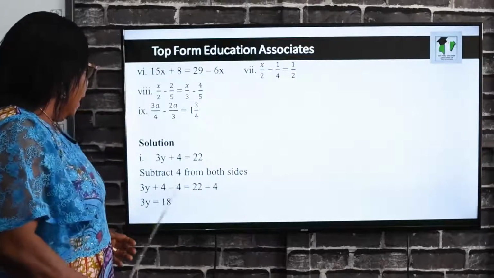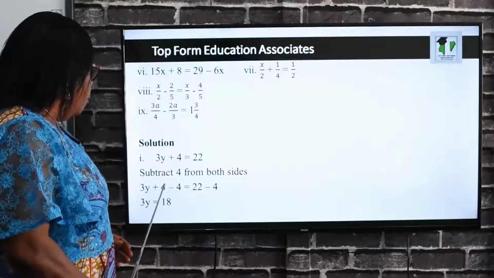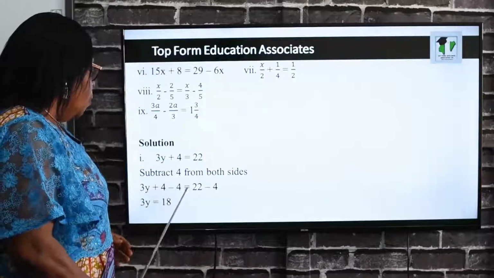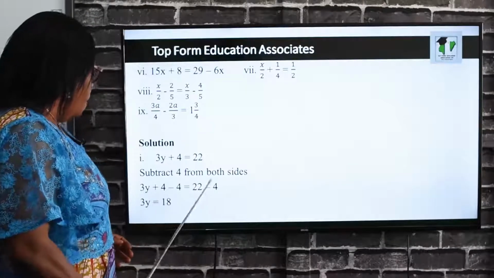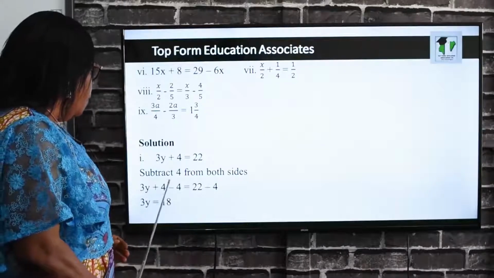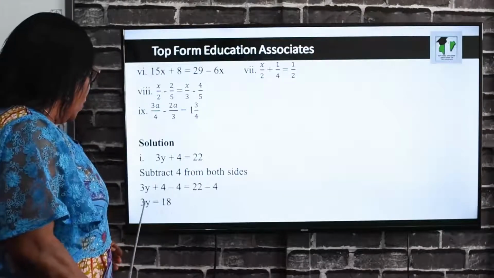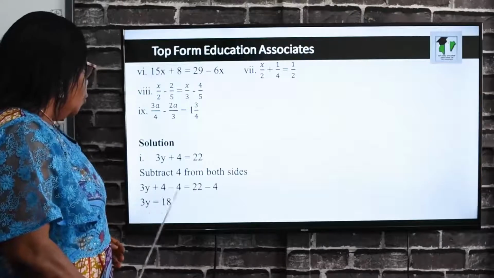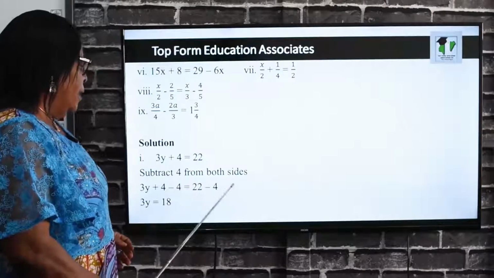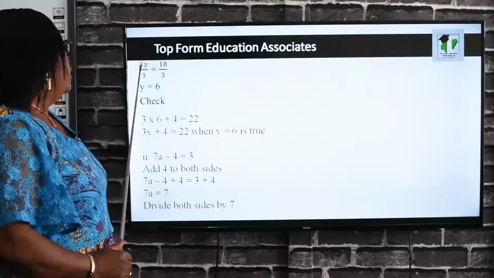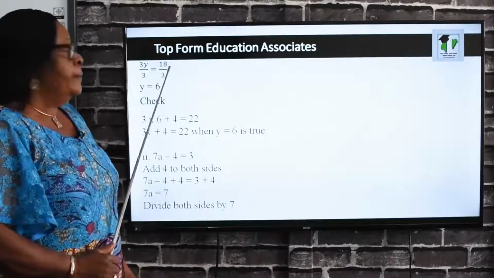Subtracting 4 from both sides gives me 3y plus 4 minus 4 equals to 22 minus 4. 4 minus 4 is 0, so I will have 3y equal to 18, which is 22 minus 4. So divide both sides by 3.